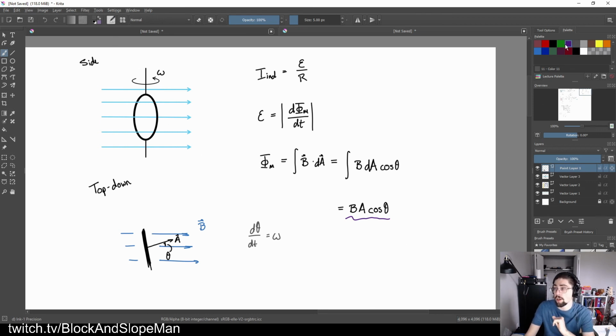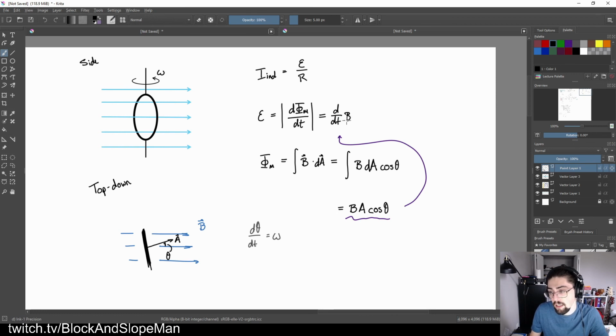So now we take this expression and carry it up to our last step. When we take that time derivative, I'm going to have to do a chain rule. So this is d dt of B A cosine of theta. Again, B and A are constants, so they come right to the outside. But now I have to do a chain rule. First I do the derivative of the expression itself. Cosine becomes a negative sine of theta, and then I take the derivative of what's inside of the function. The derivative of theta, we see, is omega.